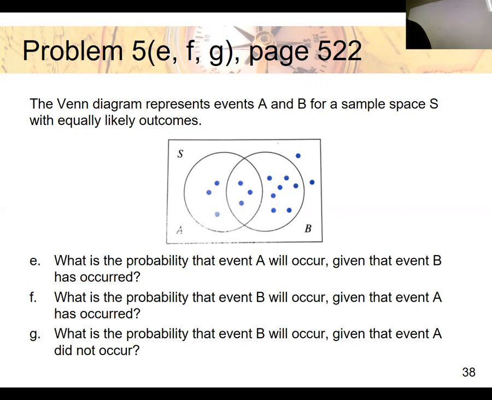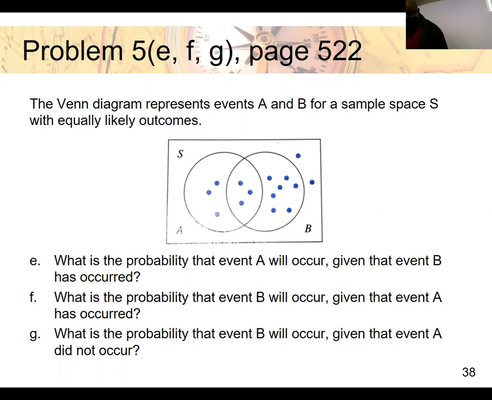Okay, we'll pick up where we left off on Monday. I think I stopped on conditional probability, and I was talking about the probability of B given A, which is how we read the notation. We did problem 5, E, F, and G, which is similar to the one in your book and in the homework, because they give us the Venn diagram you see up here.